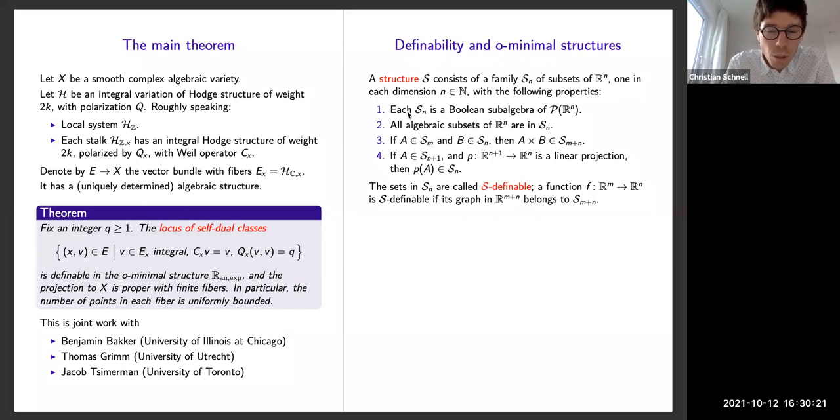You want the definable sets to be closed under unions, finite intersections, and complements, so it's a Boolean subalgebra of the power set. You want all the algebraic sets, the ones definable by polynomials, to be definable. You want the product of two definable sets to be definable. And then you want the definable sets to be closed under linear projections. This is the most non-trivial condition. If I have something definable in n+1 dimensions and I project it linearly to n dimensions, then I want the image to be definable.